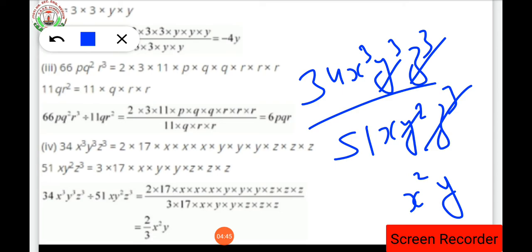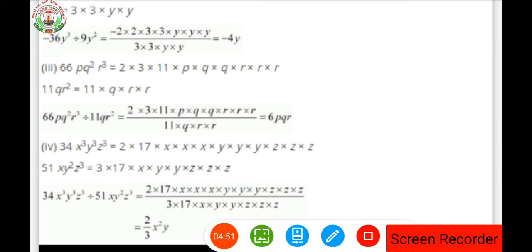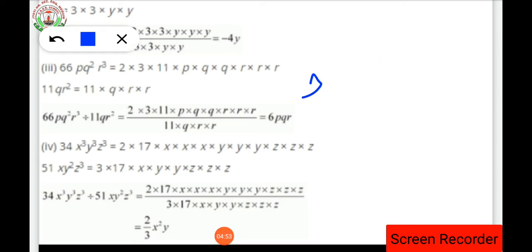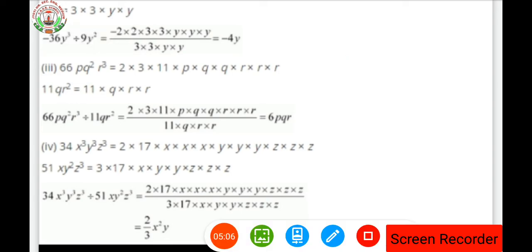Now we can cancel the number, isn't it? Which number do we have to cancel? That is 34 upon 51. This is the number, and x square y is left. Can we write it again?